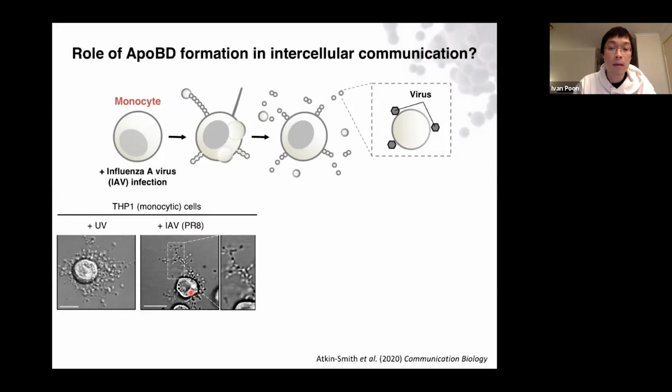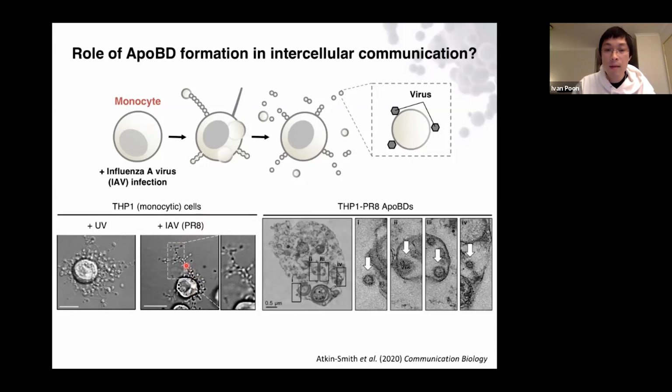But what's important is that the cells can still form apoptopodia and undergo fragmentation to generate apoptotic bodies. We then isolated those apoptotic bodies to see whether there are virions in there, and we were able to identify virions either associated on the apoptotic bodies or even inside the apoptotic bodies as well.